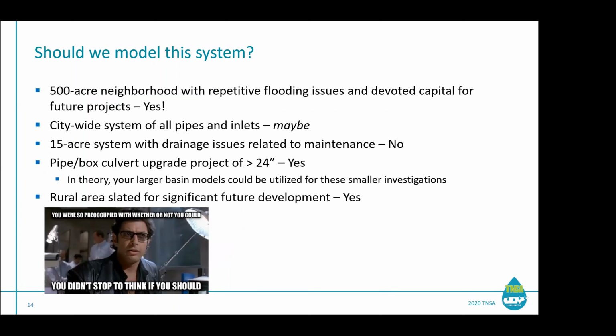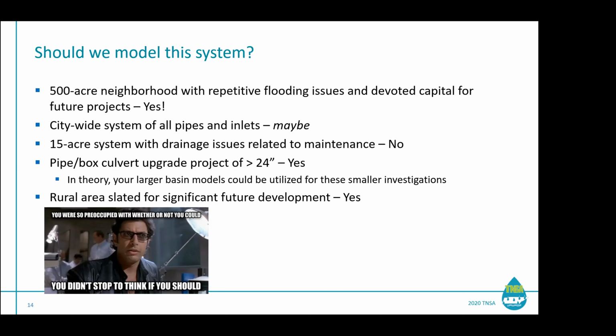A 500-acre neighborhood with repetitive flooding that you are saving money to work on, absolutely model that basin. Spend a lot of time on that area where you know that there's flooding and you think that you can spend the right amount of money to get it under control. And there's a lot of debate about the second bullet point, a citywide system of all pipes and inlets. In some cities, they really do model absolutely everything.